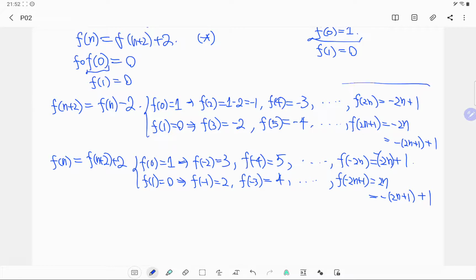So by summarizing these four expressions, we can conclude that f(n) is equal to minus n plus 1.